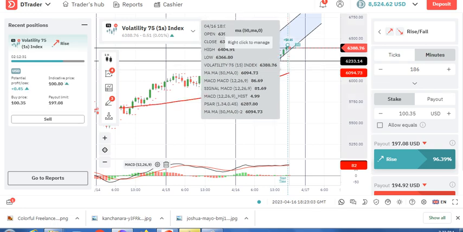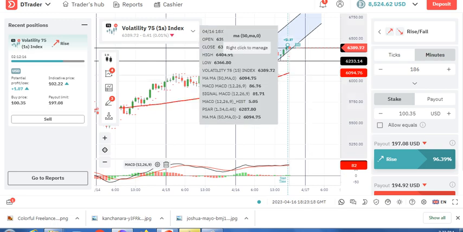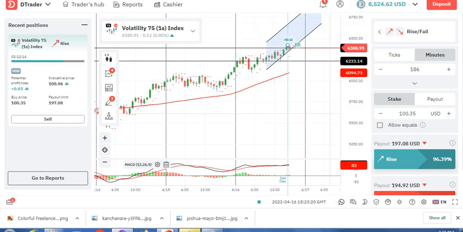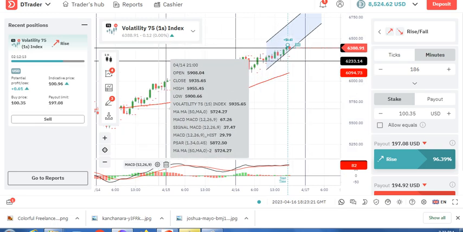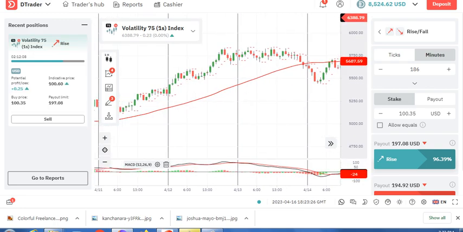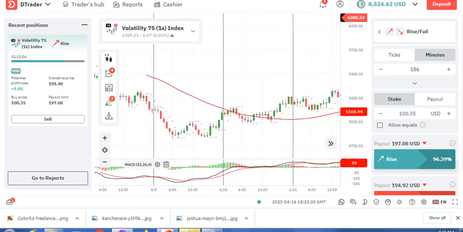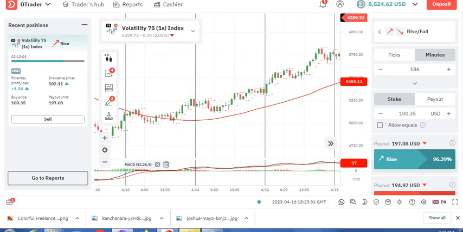If you don't want to trade, you can leave this movement to go until the candle returns to cross over. Let's see what I'm trying to tell you here.